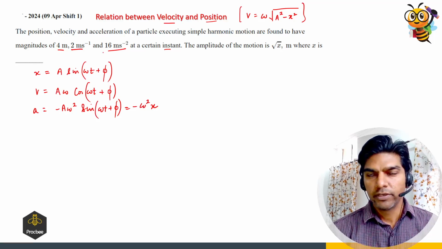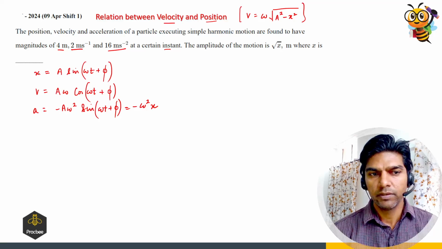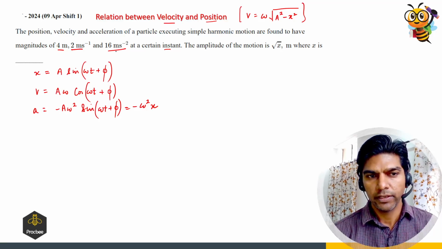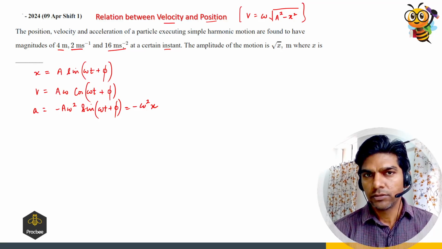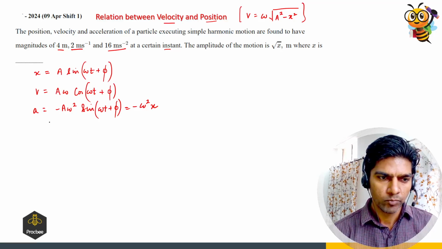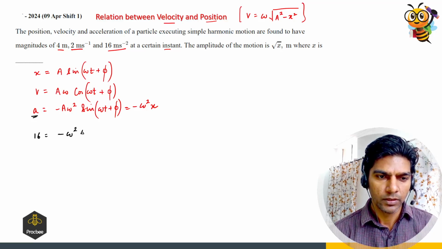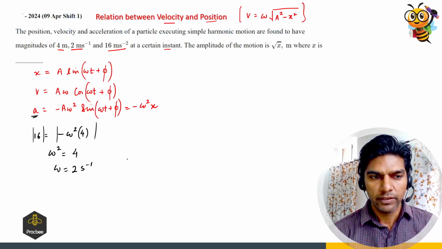Now let us see what data we have been given. So we have been given the position, the value of x, and the speed and the acceleration at a particular instant. So we can say a is 16, and it will be minus omega square times 4, right? So I'm taking the magnitude. So omega square comes out to be 4, so omega will be 2 second inverse, and we have to find the amplitude.